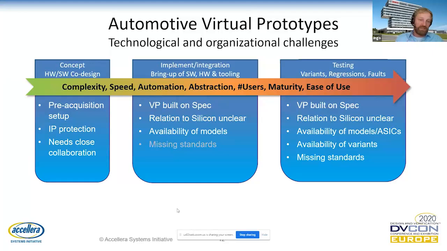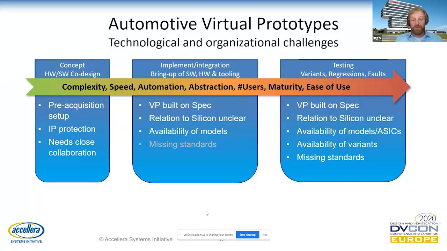In the concept phase, the setup may not be available, so you may not even have chosen a certain hardware for your design. So you need to play around with different IPs from different vendors, and you may not have an awarding process that has taken place. And of course, the vendors are interested to protect their IP, but you want to look into the IP in order to assess KPIs to derive if a certain hardware fits your algorithm or your problem.